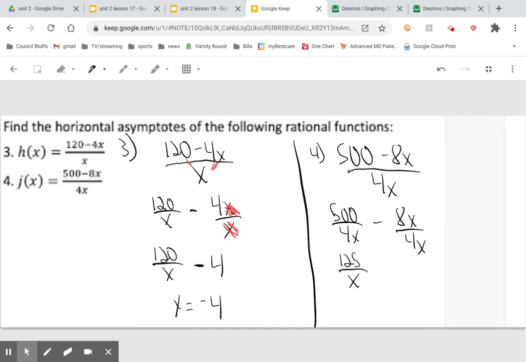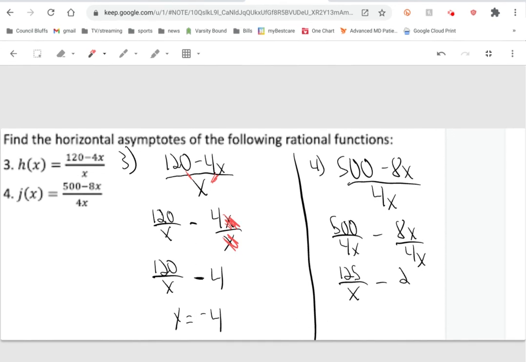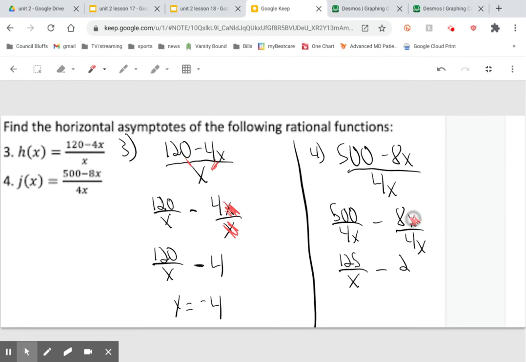Again, how did I get that? I just divided 500 by 4. On the right term, the second term, I can do 8 divided by 4, which I know is 2. And then just like I did before, I can cancel out this x with this x.